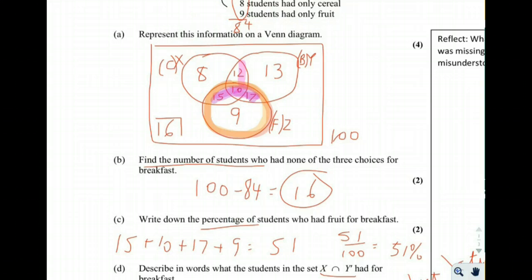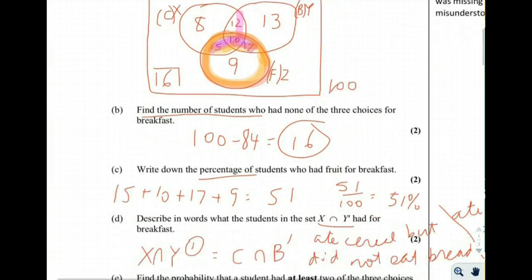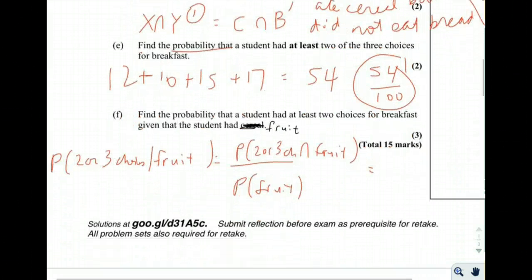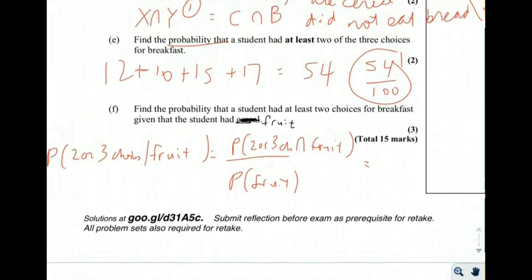Okay, so in the numerator we would have 15 plus 10 plus 17, and the denominator we would have everything in this circle. So actually we already figured out the whole circle, right? Because we already figured out the probability he's going to have fruit. It was 51 over 100. So the denominator here is going to be 51 over 100.